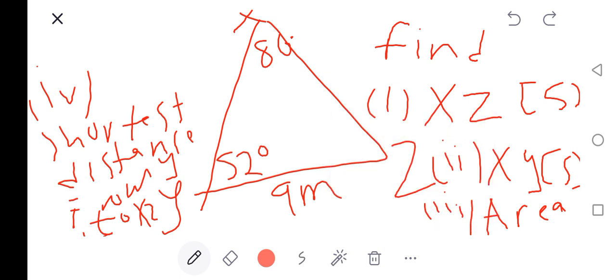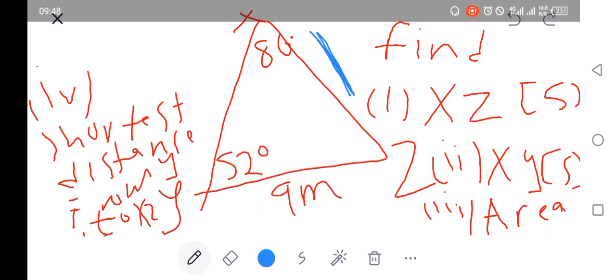if I ask you, Madam Selina, what formula are we going to use? Is it the first one, the second one, the third one, or the last one to find this length here called XZ?